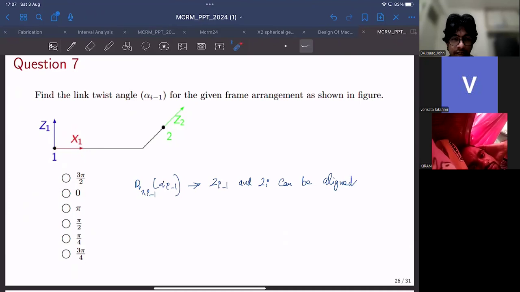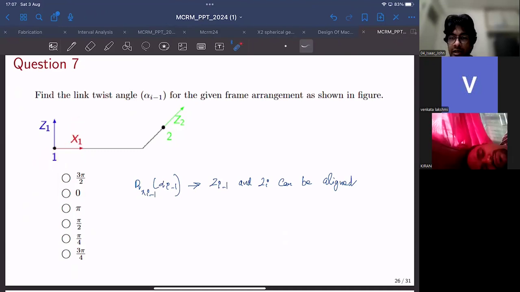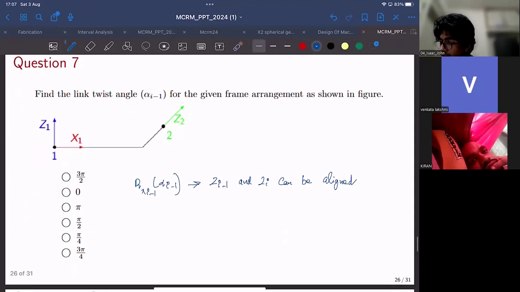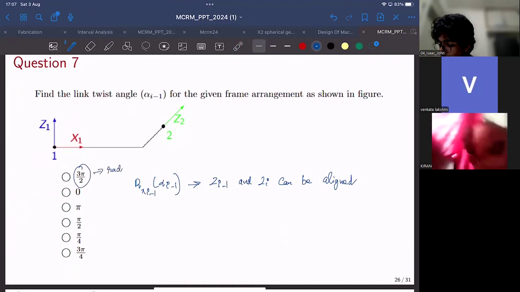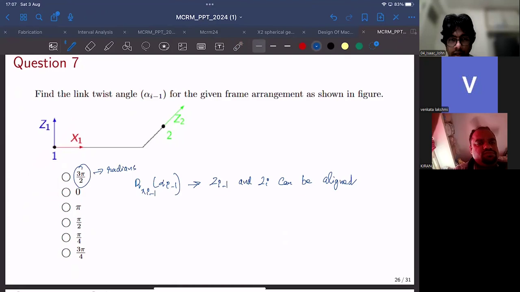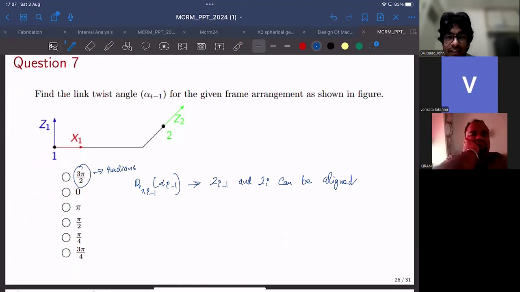So which of these options are correct? This is 90 degrees, this is 180 degrees, this is 270 degrees. Kiran has said the answer to be 270 degrees, and 270 degrees amounts to 3 pi by 2 in radians. I hope the problem is clear. For electronics students, visualization looks only in 2 dimensions.